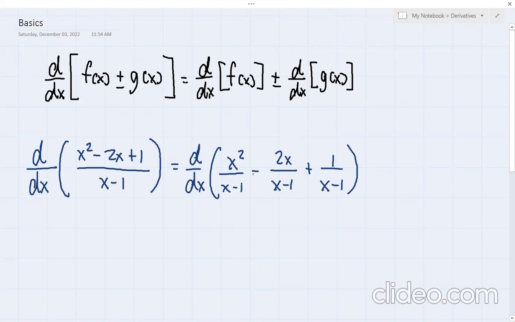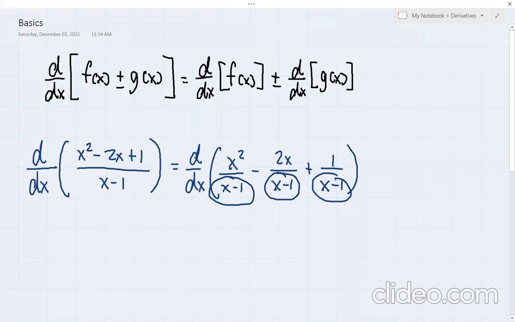Kapag na-expand or na-simplify mo, dapat at least one of them, yung denominator nila, kung meron man silang variable, ay hindi dapat naka-binomial or dapat wala kang dalawang variable or two terms in the denominator. Tingnan mo, yung denominator nila binomial, dalawang terms.